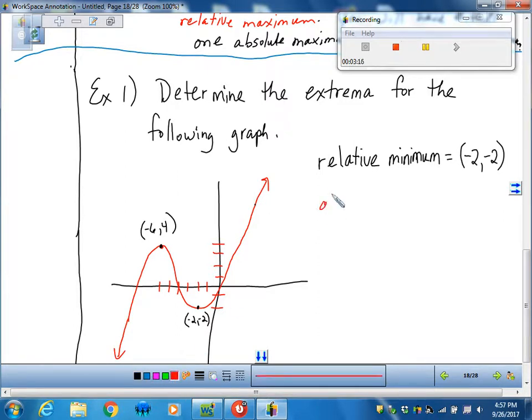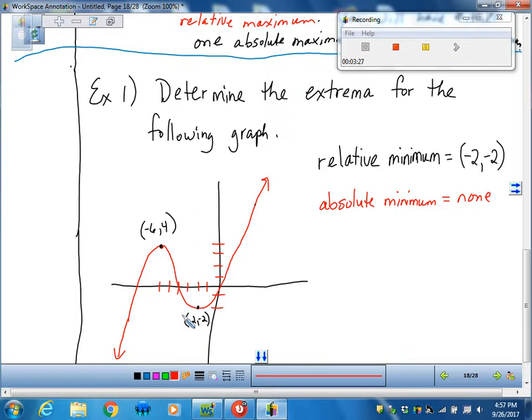So for absolute minimum, I would put none. Because there is no lowest point on this entire graph. This point right here is lower than this point here, so -2, -2 is not the lowest. But because of the arrow, it keeps going, so I never get to the lowest point. So there is no absolute minimum.